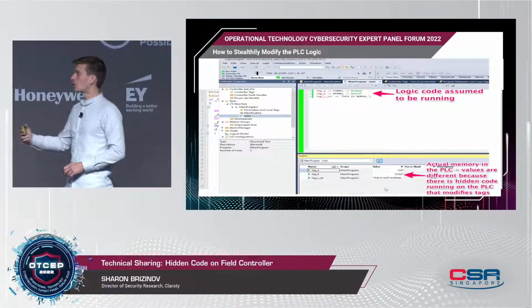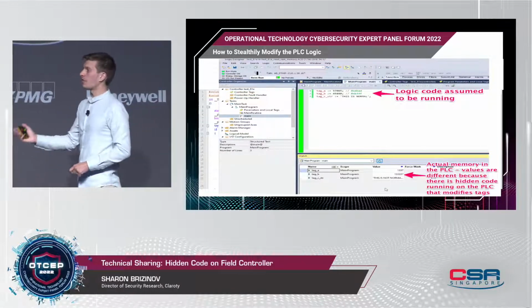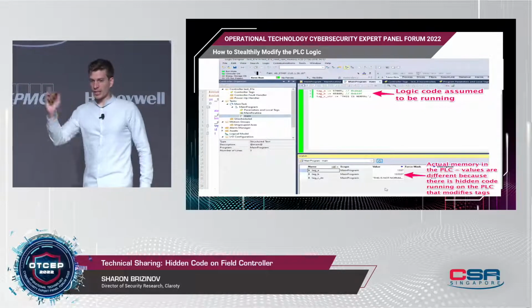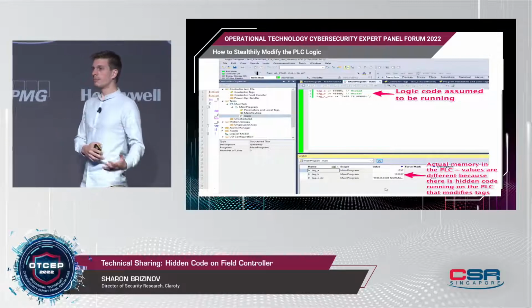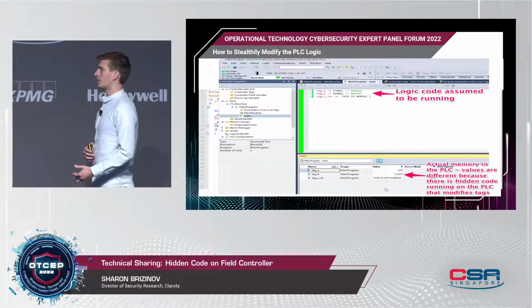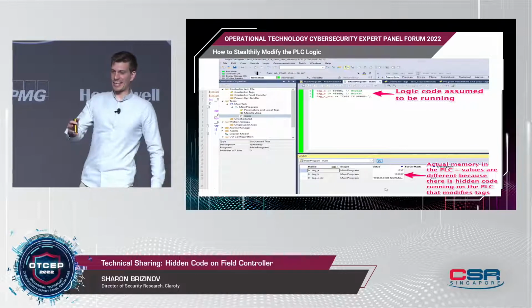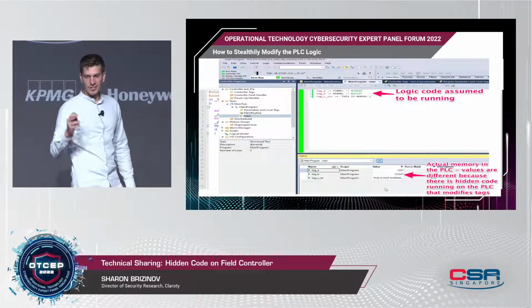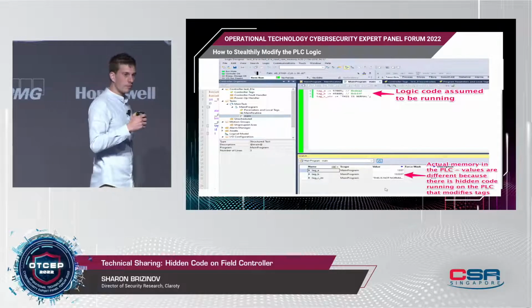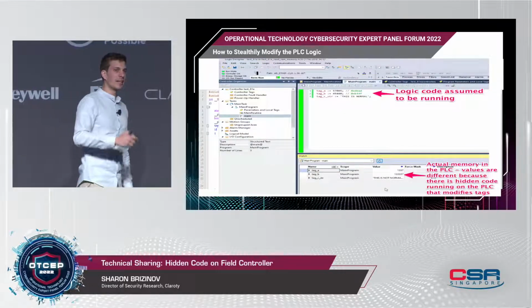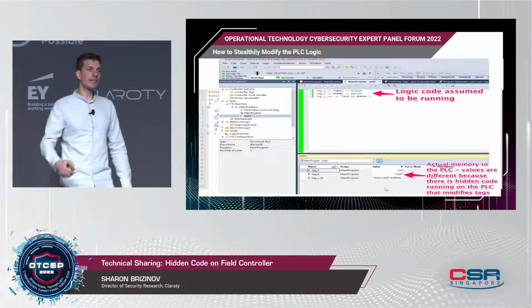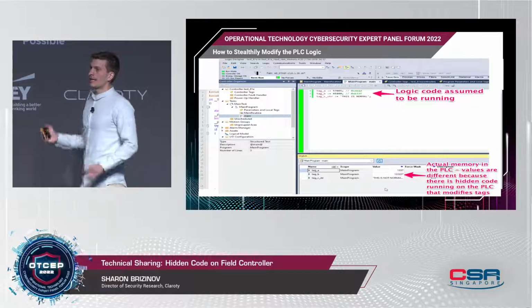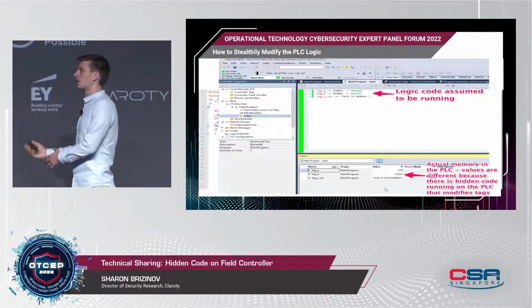And the actual values of these tags in memory are different. In the tags that the engineer actually programmed into the PLC, we can see, for example, 5700, but the actual value of the parameter inside the PLC, when we're inspecting the memory in real time, is different, which means a different code is actually being executed on the PLC.